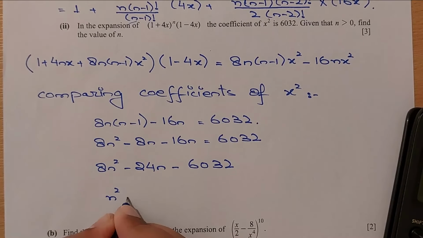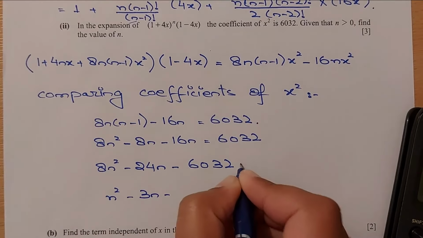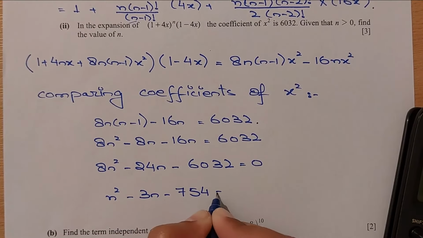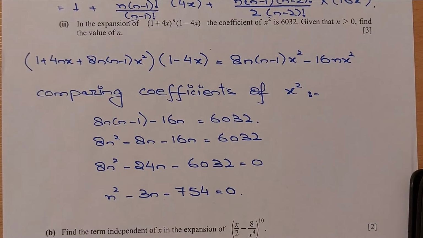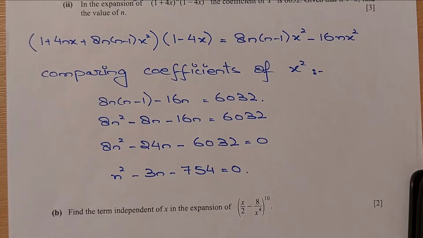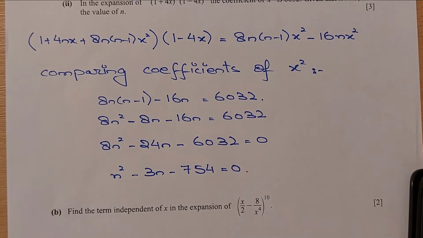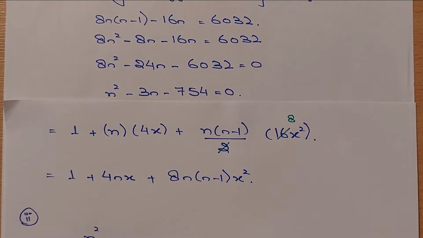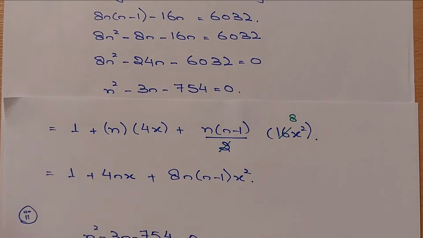So n square minus 3n minus 754 equals 0, right? So this is a quadratic expression. We need to factorize this, or we can solve it by using the quadratic formula. So let me use it. So n square minus 3n minus 754 equals 0, right?